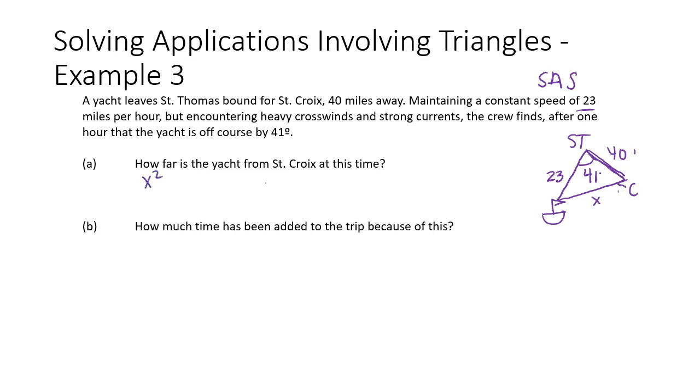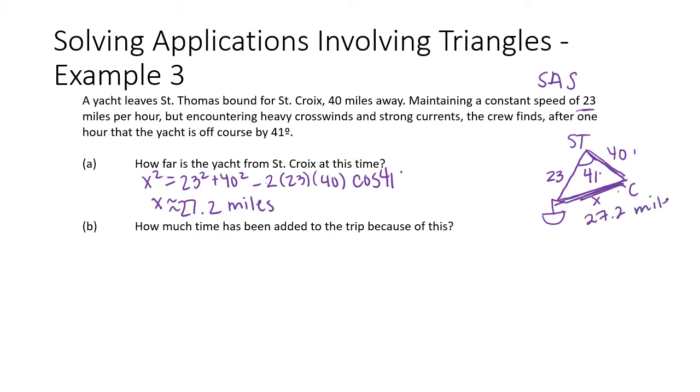So x squared is going to equal 23 squared plus 40 squared minus 2 times 23 times 40 times the cosine of 41 degrees. So we end up getting that x is about 27.2 miles away.